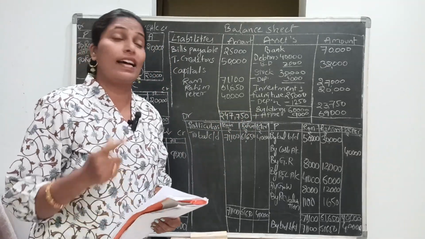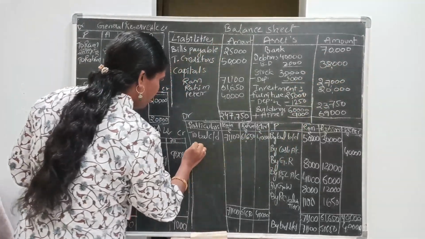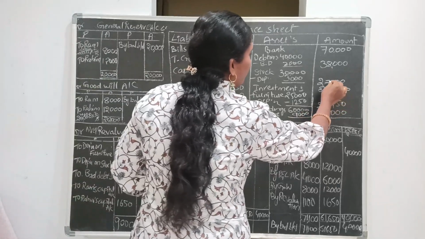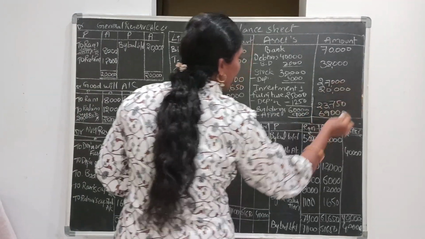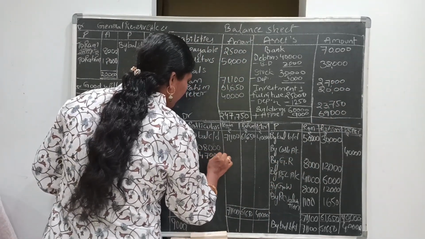Now we'll calculate on the asset side. 70,000 and 38,000, 1 lakh 8,000, 27, 47,000.